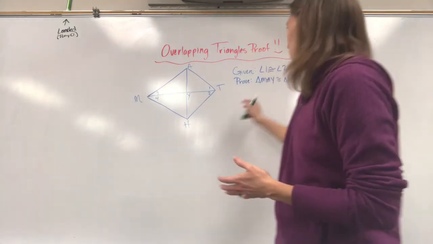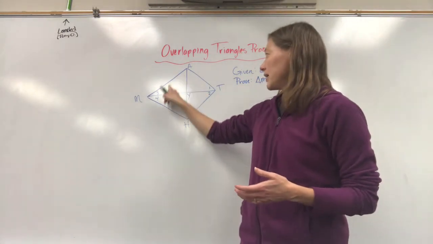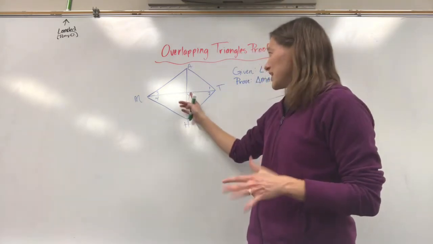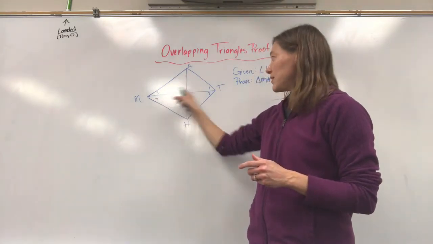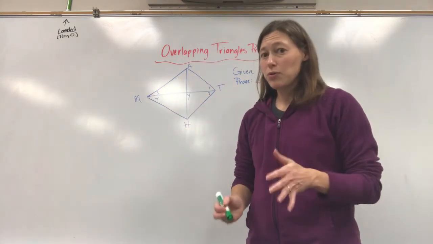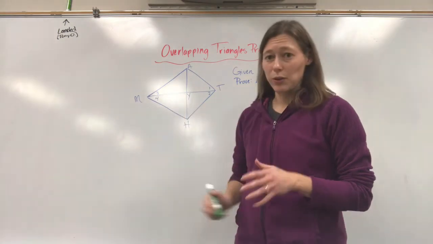So if you look at this, we're going to prove that triangle MAY is congruent to triangle MHY. And once we look at this, we'll see that we're probably going to prove that this triangle is congruent to this triangle and use some corresponding parts to prove that these other two triangles are congruent.